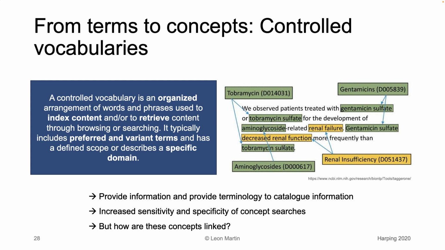And entity recognition only works if your controlled vocabulary is good enough to recognize that renal failure also leads to the concept of renal insufficiency. And decreased renal function is also linked to the concept renal insufficiency.